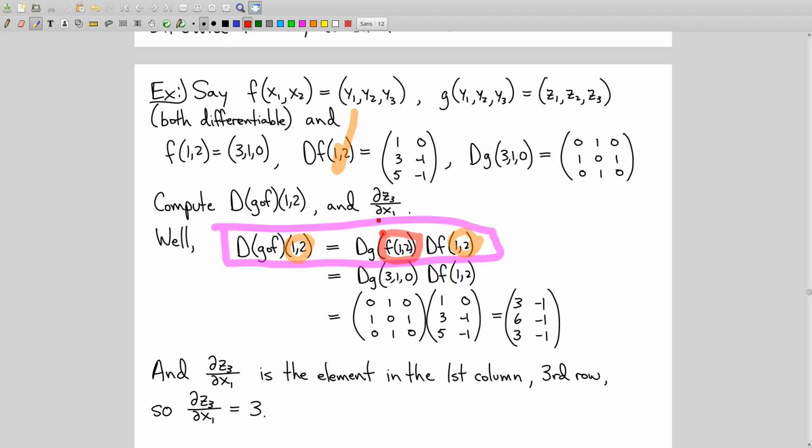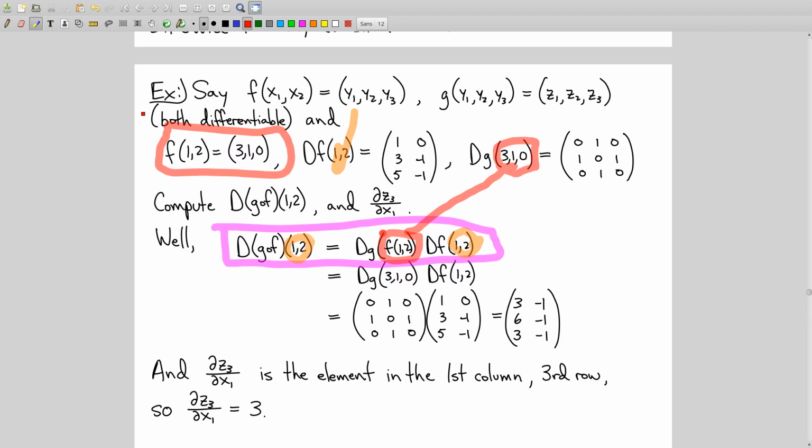Was I given dg evaluated at f of 1, 2? Well, I was given it evaluated at 3, 1, 0. It's not immediately clear that that's what f of 1, 2 is until you look over here and notice that was given also: f of 1, 2 is 3, 1, 0. So you need that information as well to make that work. Is everybody with me?